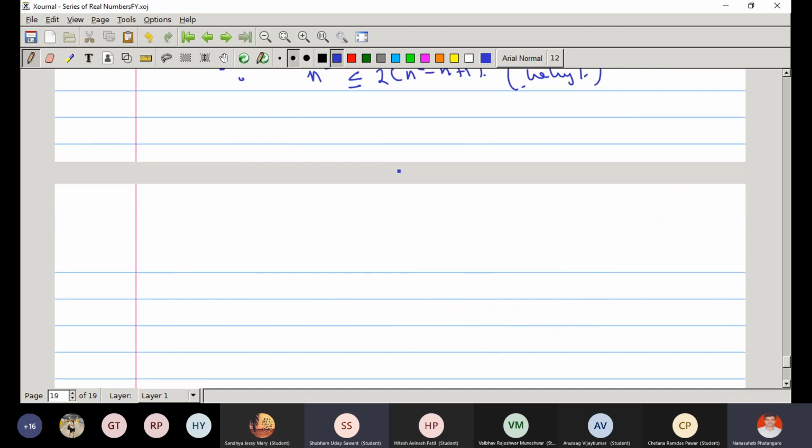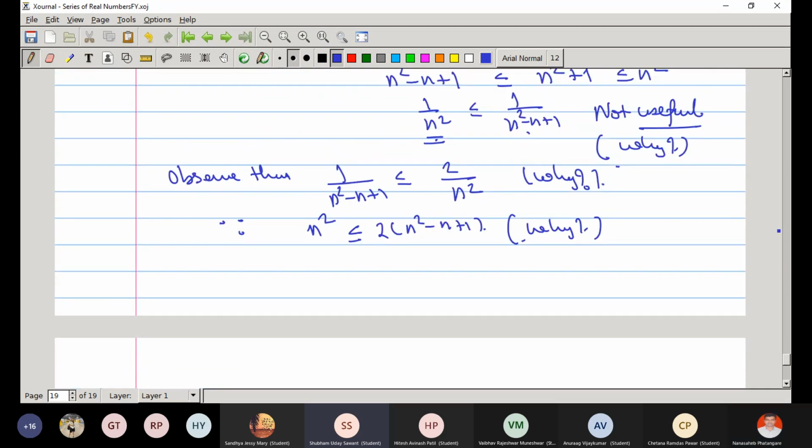Because if we open the bracket, we can write it as n square plus n square minus 2n plus 1. So 2n square minus 2n plus 2. Just think about it. Or n square plus 2n and 2n square plus 2.